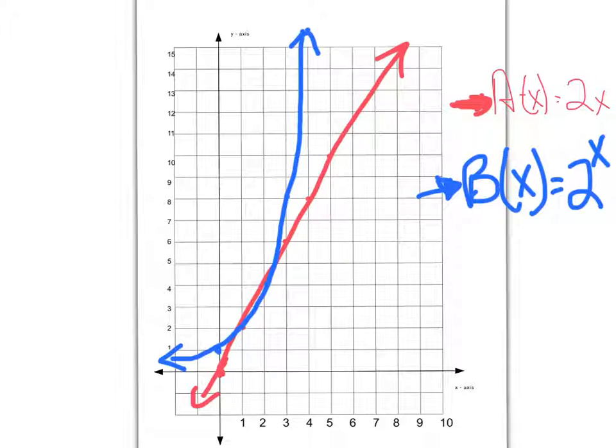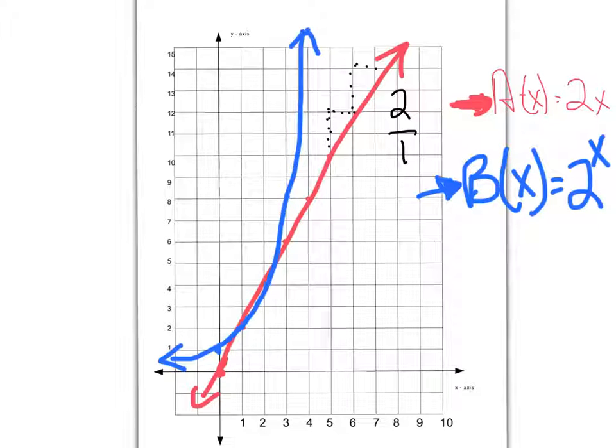A couple of the key points to remember about the differences between a of x, a linear function, and b of x, an exponential, we can start by talking about their slope. If you look at the function a of x, the slope is always a rise of 2, a run of 1, to give us a slope of 2 over 1.